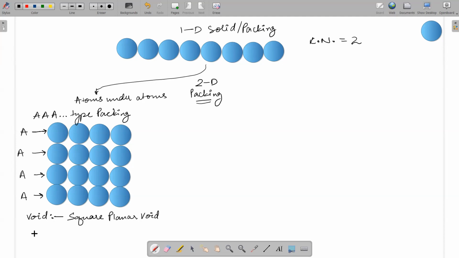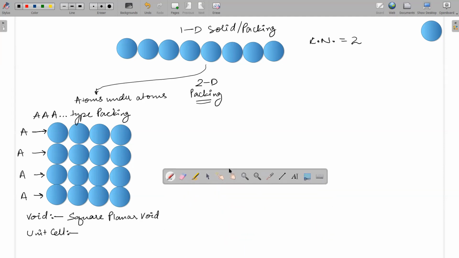So of any packing, you have to know its unit cell. Now, what is unit cell? Unit cell is the arrangement of atoms which, when repeated in every direction, makes up the whole packing. I mean, this is the definition. This is not the unit cell. You have to first understand the definition of unit cell, then identify what kind of unit cell is present.